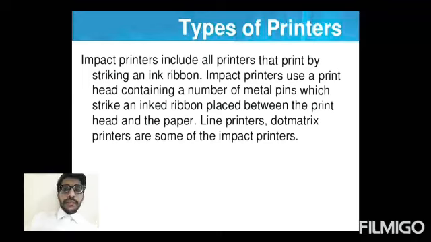Ink is transferred from the ribbon onto the paper to produce the print. Impact printers use a print head consisting of a number of metal pins which strike the ribbon placed between the print head and the paper. Line printers, dot matrix printers and others are some of the impact printers.